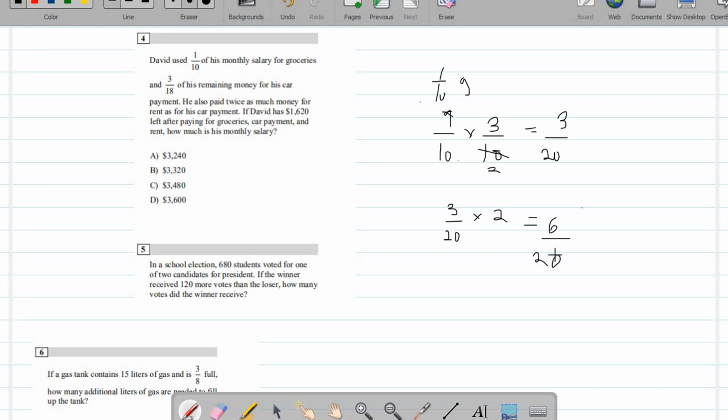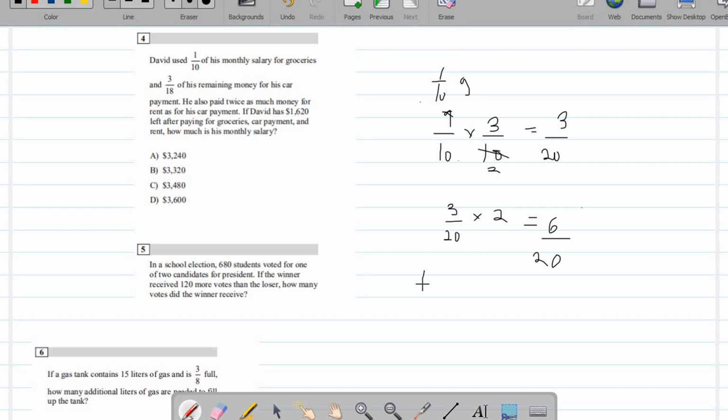If David has 1,620 left after paying for groceries, car payment, and rent, how much is his monthly salary? So 6/20 is for rent, 3/20 is for his car, and 1/10 is for groceries.